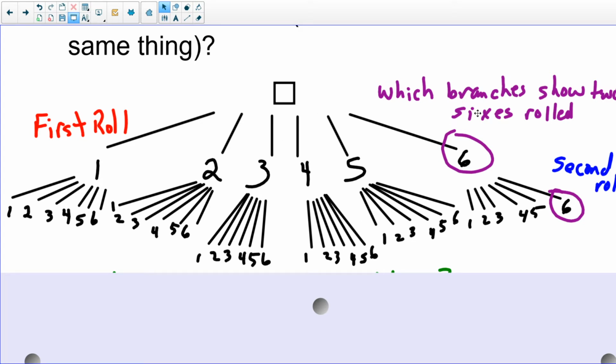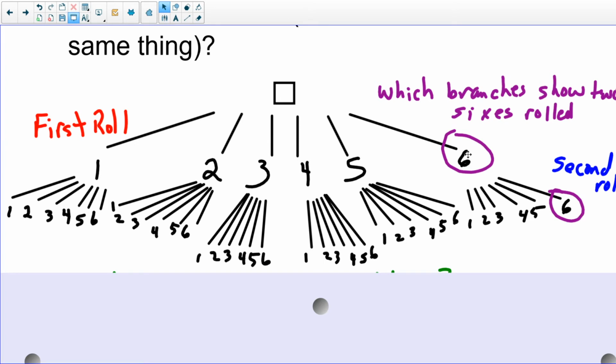We were looking for 2 6s rolled in a row, okay? So what is the only full branch that has 2 6s in a row? Well, that only would happen over here because we'd have to roll 1 6, and then from these, figure out where we rolled the other 6. So this is the only branch, and this is all like one connection, okay?